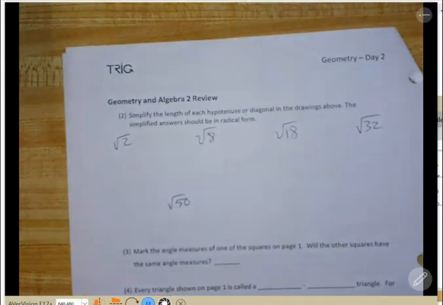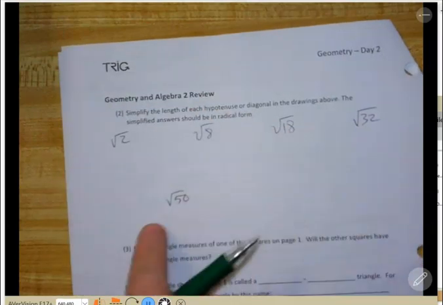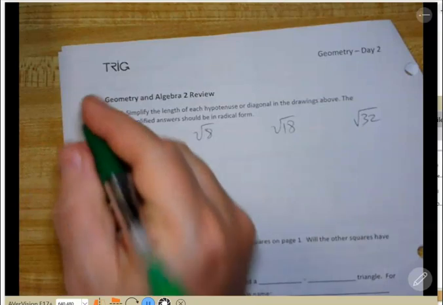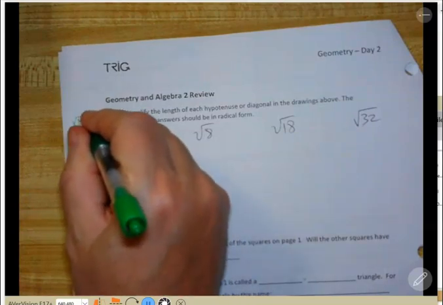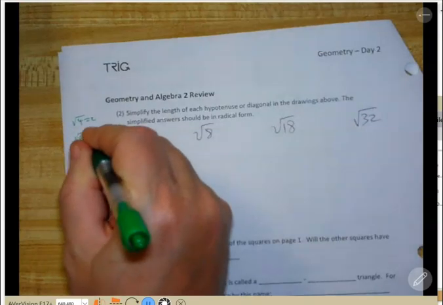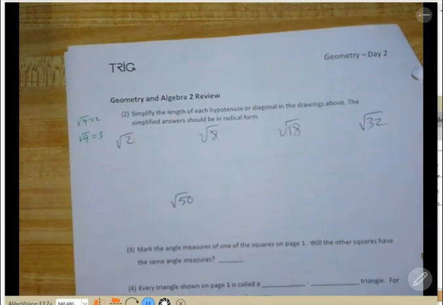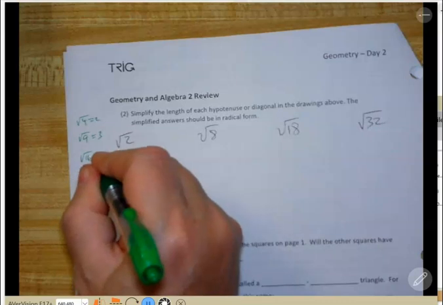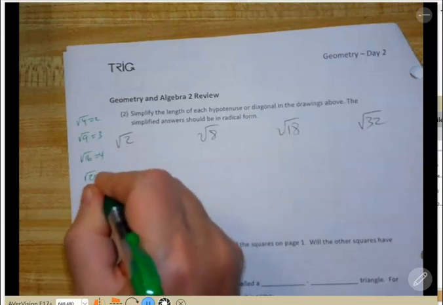Now I'm going to go through a discussion of how you do these problems, and then Wednesday and Friday, for those of you who are doing this for the first time, we'll spend more time in class working on these. But what you need to understand is that to simplify square roots, you have to use certain numbers. And those numbers are perfect squares. In other words, those are the numbers that you can actually take square roots of and get a whole number answer.